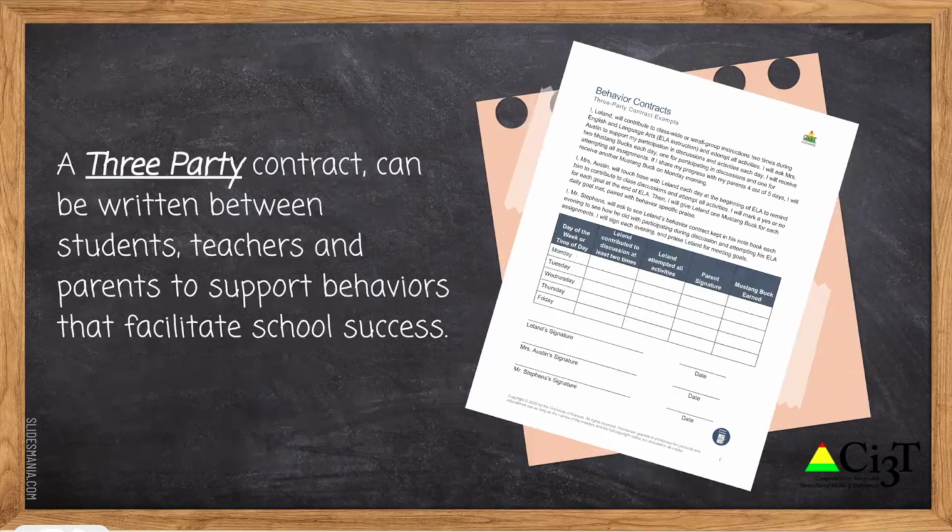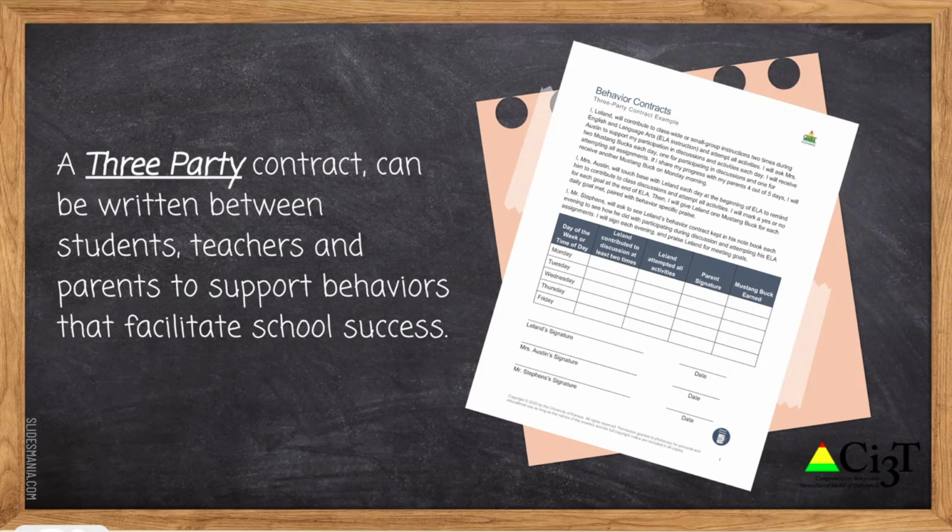A three-party contract can be written between students, teachers, and parents to support behaviors that facilitate school success. An example that a lot of times we use and haven't really thought about is a home-school note or school-home note, or a check-in and check-out, where a progress report or daily point card goes home at the end of the day.